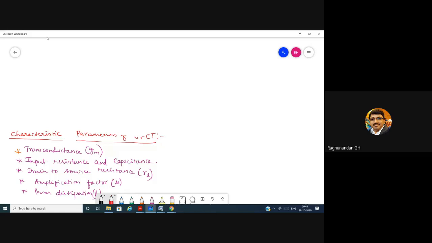So here the conductivity depends upon what? You have understood the working of this JFET.